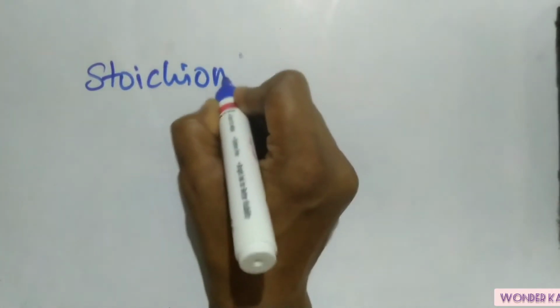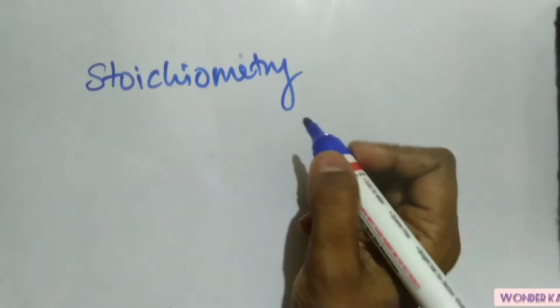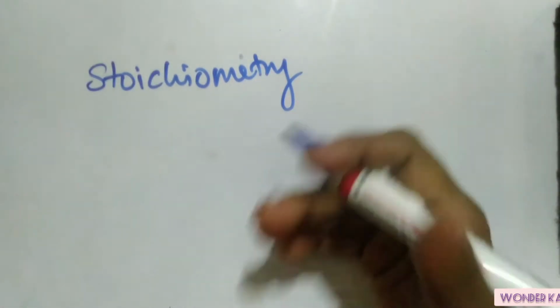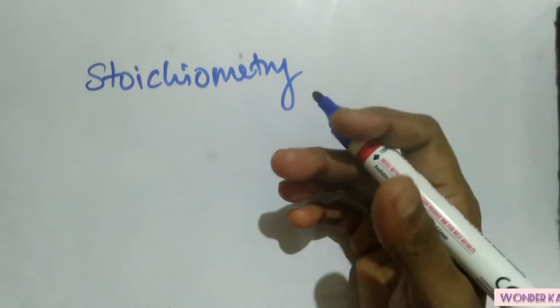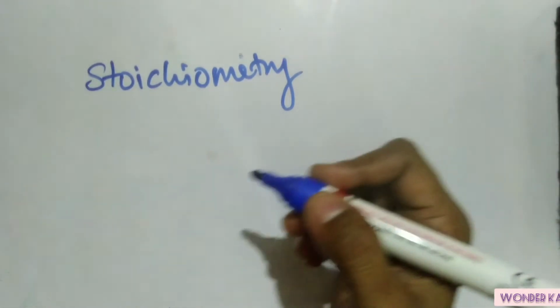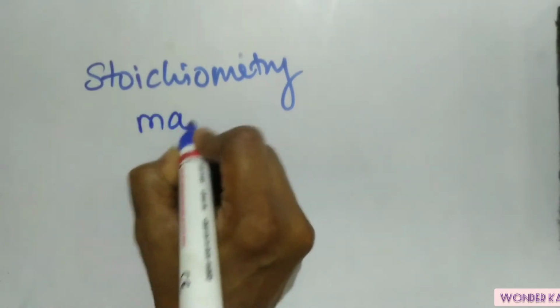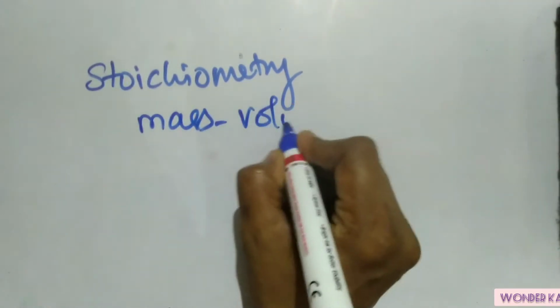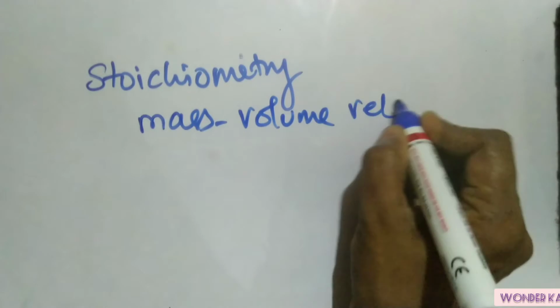This is in continuation of my videos on stoichiometry. I have already discussed many problems and steps of stoichiometry, and in this video I will explain and discuss the mass volume relationship.